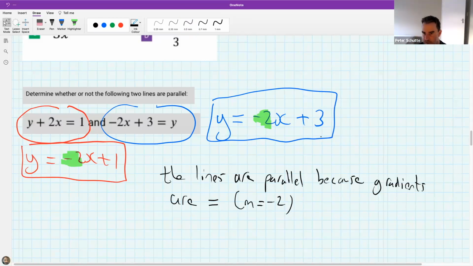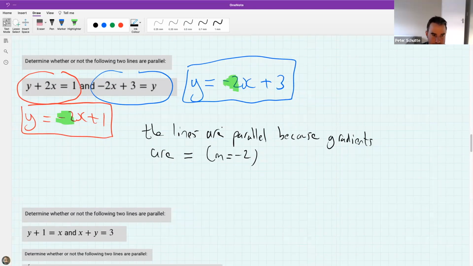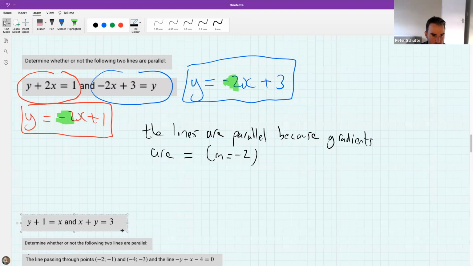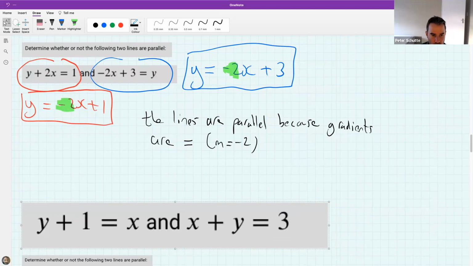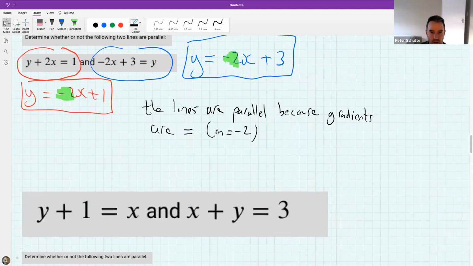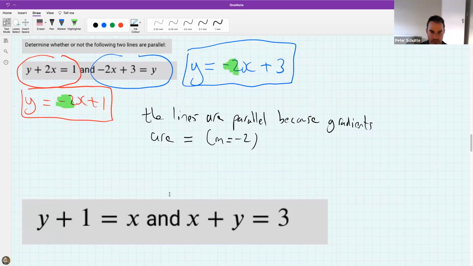So I want to give you a chance to have a go at a question like this. So here is your question. I'm going to give you these 2 lines, and I want to know, are these 2 lines parallel? You need to work out for me whether or not they are parallel. Off we go.